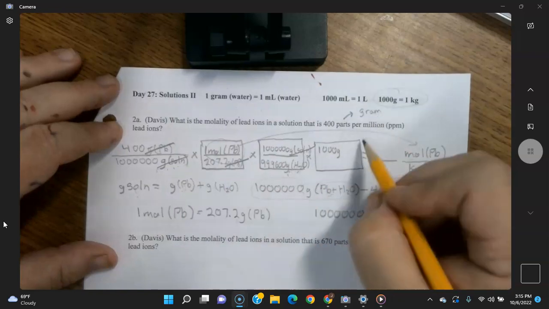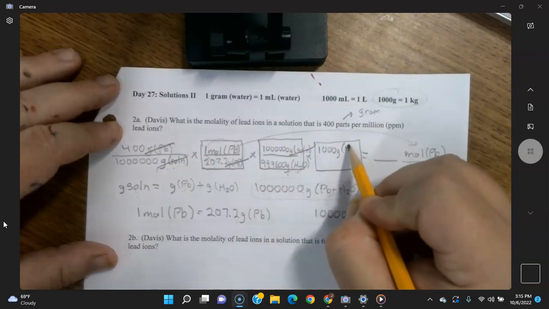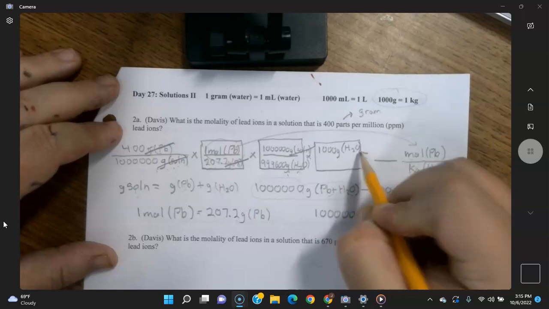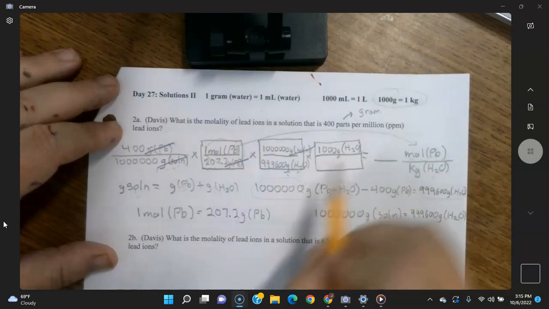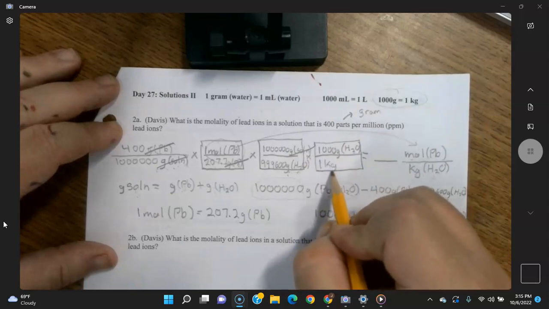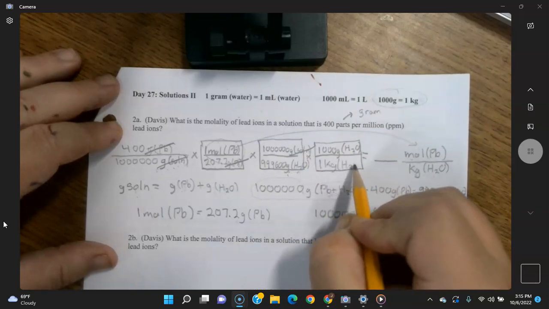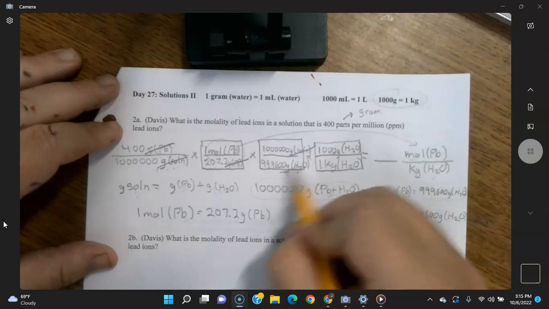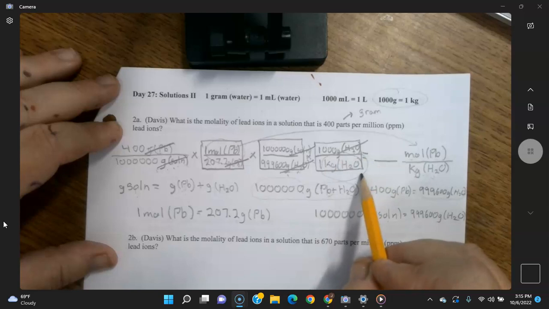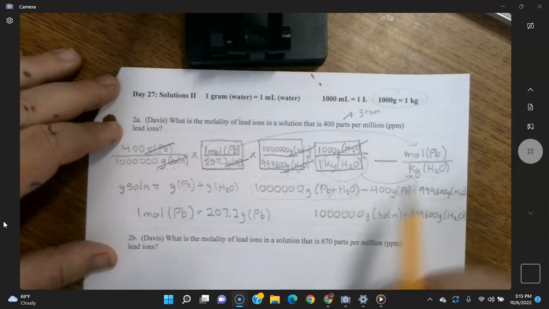Be careful that you choose the right substance. It could be 1,000 grams equals a kilogram of anything, but we're interested in H2O here, so we're going to put the H2O. And it's 1 kilogram. So grams of H2O, grams of H2O. The last man standing on the bottom is kilograms of H2O, which is what we want.